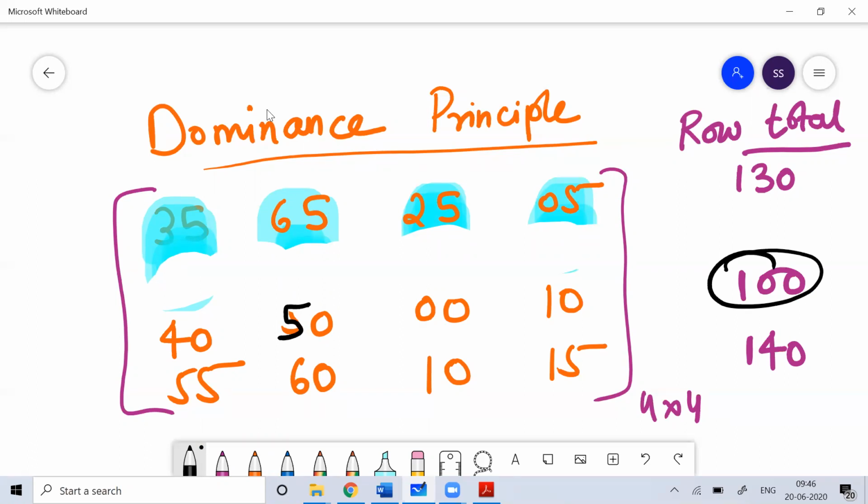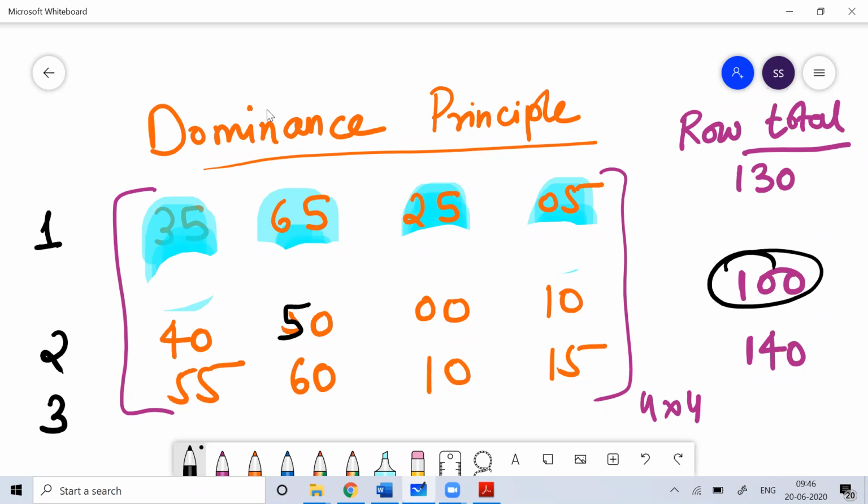If you compare row 3 and row 4, the row 3 has now become row 2. So if you compare this new row 2 with row 3, you can see all the elements of row 3 are more than all the elements of row 2.